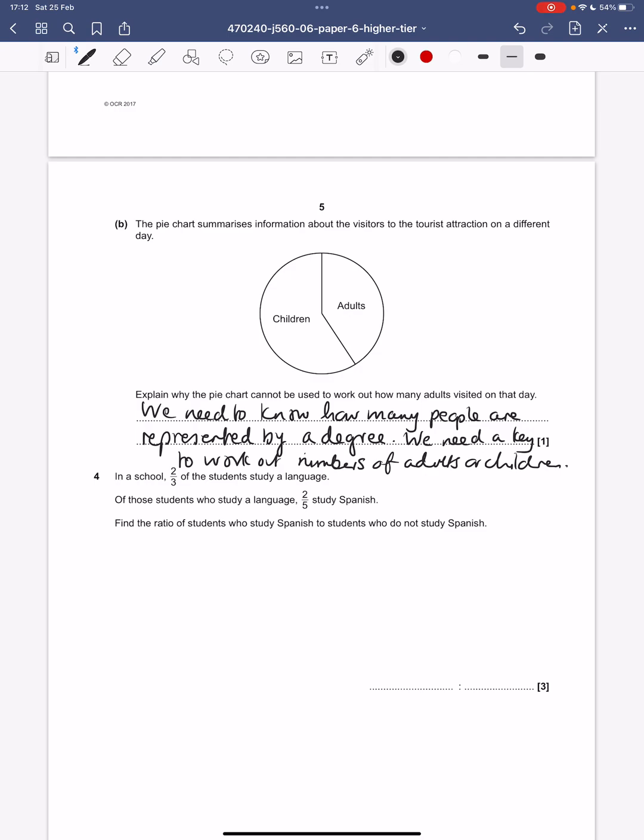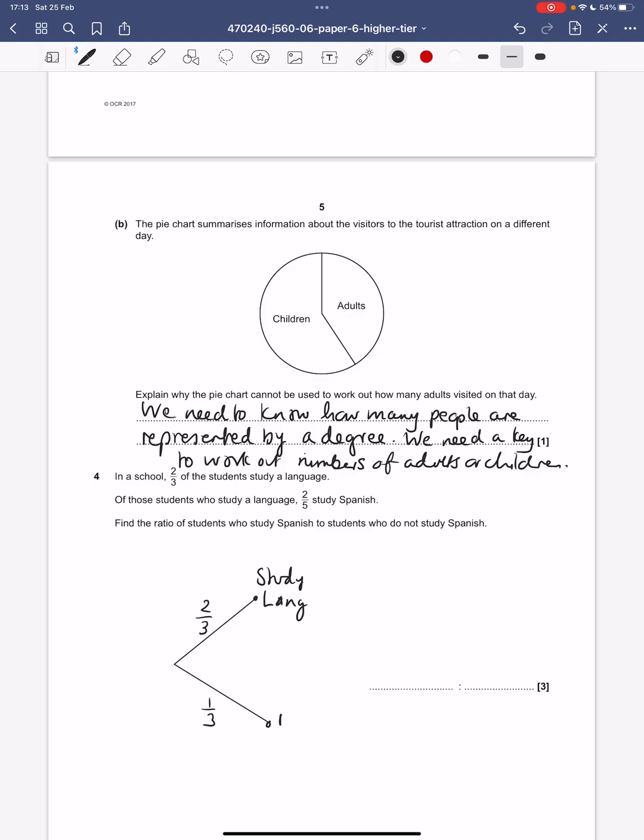So in a school, 2/3 of the students study a language. So that means 1/3 doesn't. I've gone straight into it, it doesn't say to do a tree diagram here, because they either study a language or they don't. Then the next sentence tells me they study Spanish or they don't.